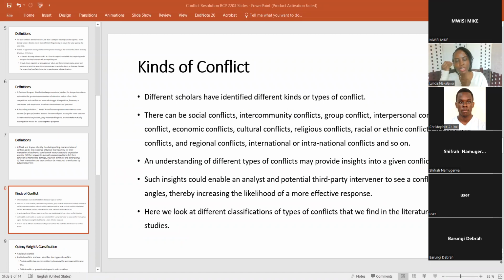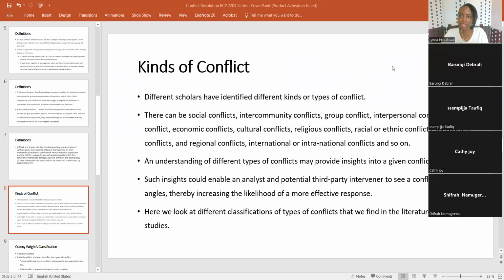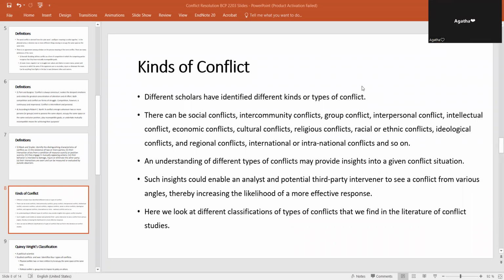Okay, so let us look at the kinds of conflict. Remember here, we are going to be looking at different classifications of conflict, because different scholars have identified different kinds or types of conflicts.